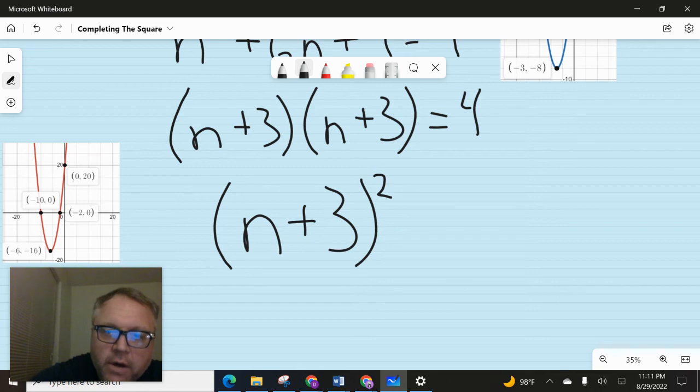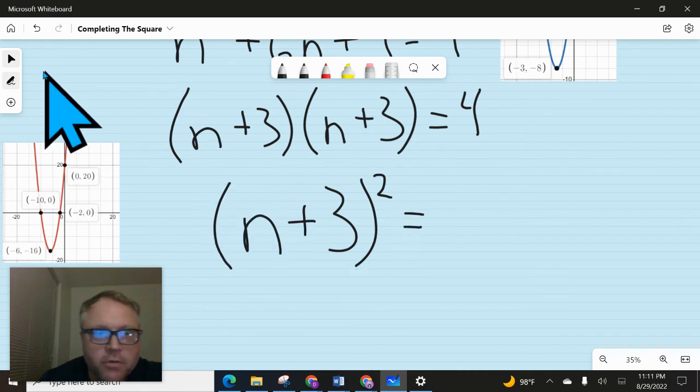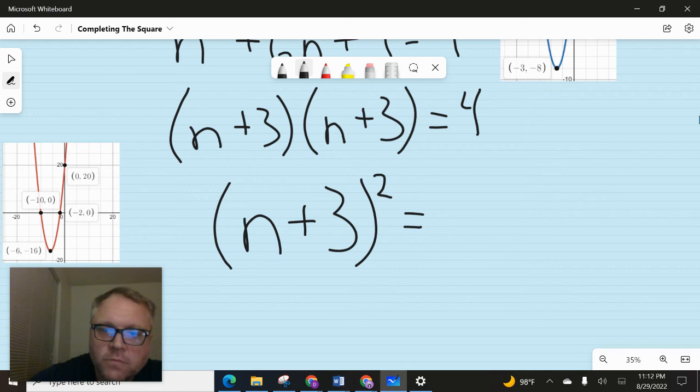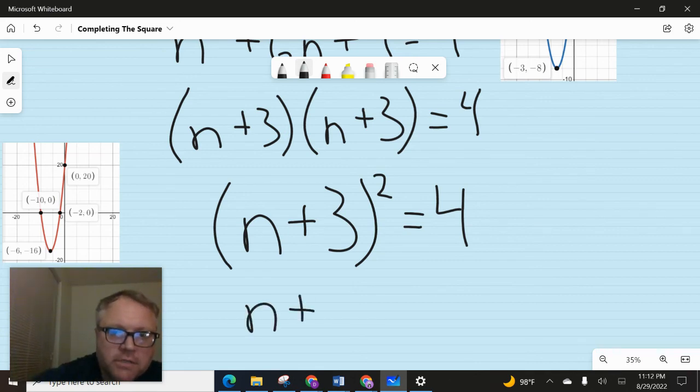If you ever hear me say the quantity of, that's what we're talking about, these parentheses. You wouldn't say parentheses n plus 3, 2; we say the quantity of. Now, two steps to solve for n here, just like in the last problem. Get rid of that exponent of 2 by taking the square root of both sides. So n plus 3 equals the square root of 4.